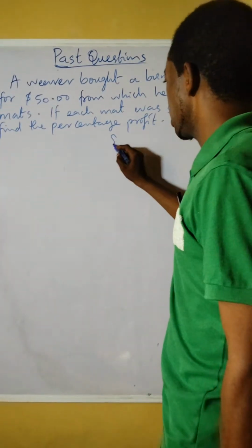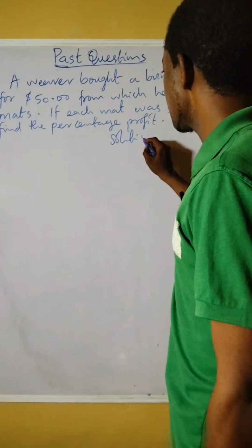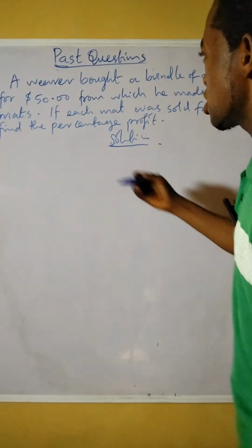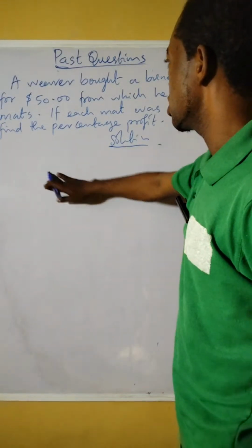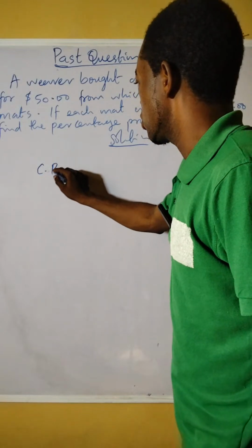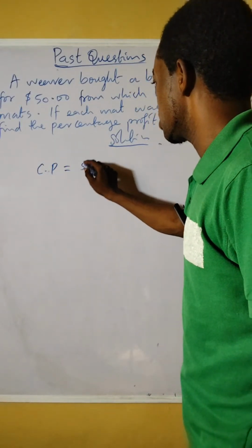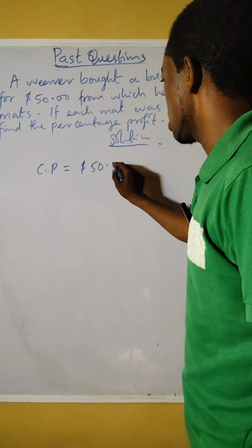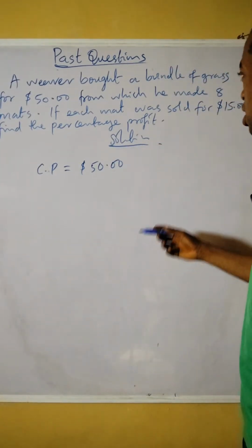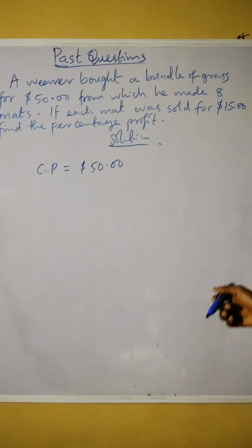Now, solution here. From the question given, we need to state what we have. This $50 is the cost price of the raw material. Then 8 mats were made out of it, and each of them was sold at $15.